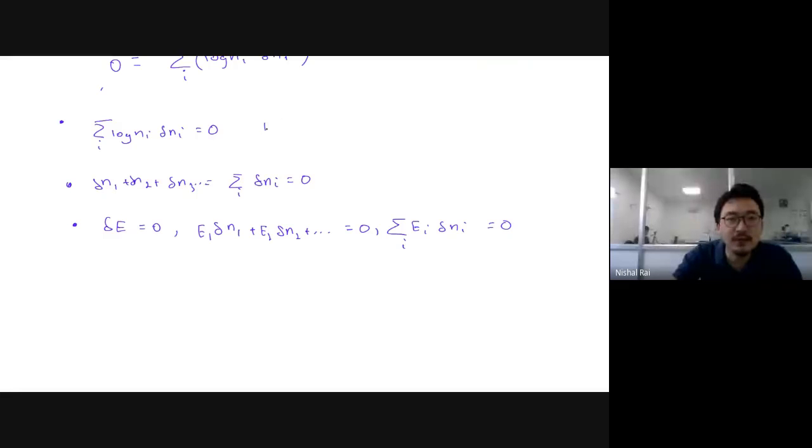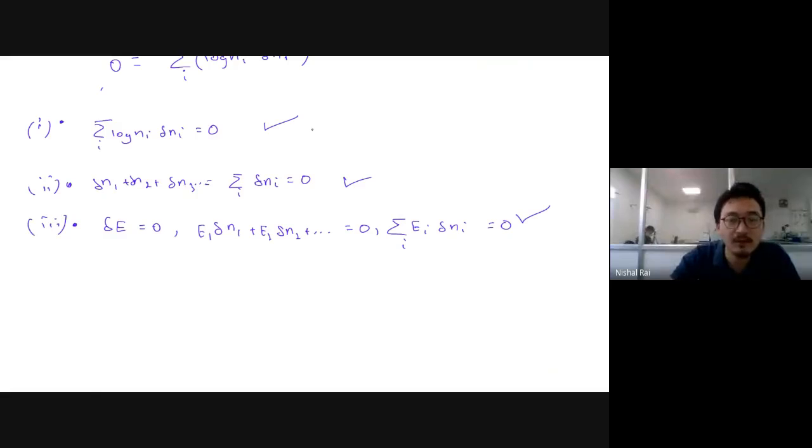Now, if you check, there are three conditions which have to be satisfied simultaneously. And for this kind of condition to be satisfied, what we can do is multiply each with a certain constant and add all these three quantities. Because these three quantities have to be satisfied simultaneously, we consider this as 1, this as 2, and this as 3.